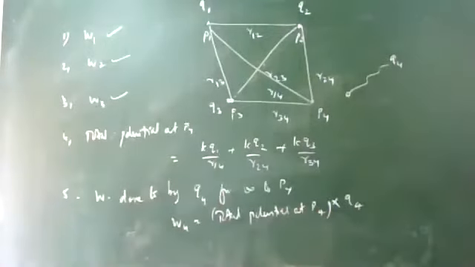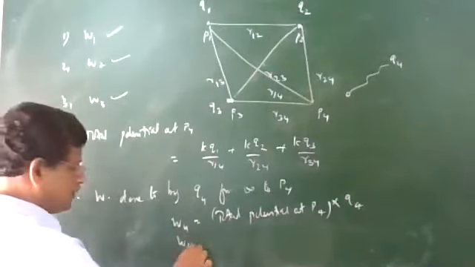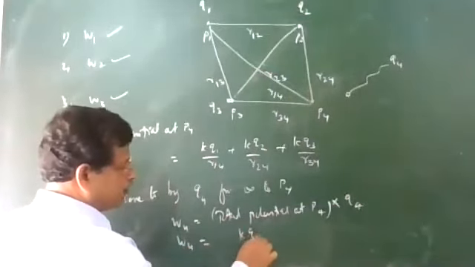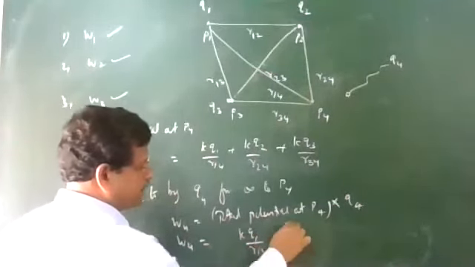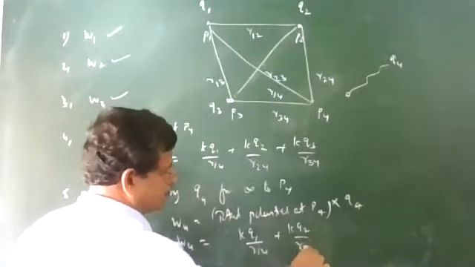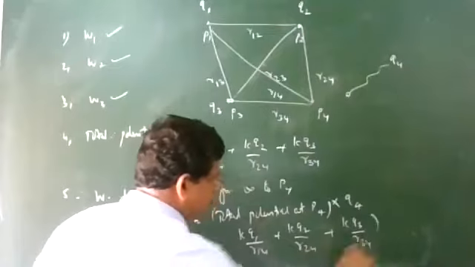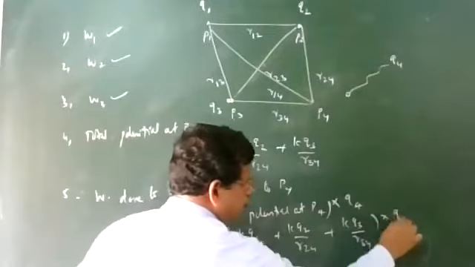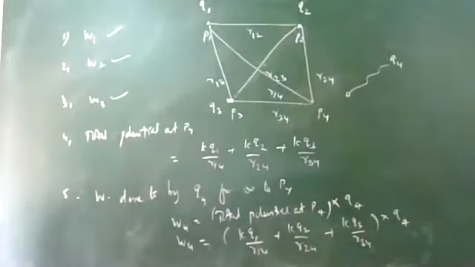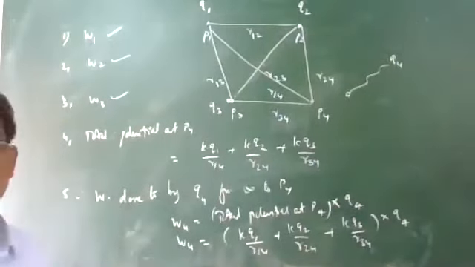Can you tell me the equation for this? W4 equals K Q1 divided by R14 plus K Q2 divided by R24 plus K Q3 divided by R34, into the charge Q4. This is the work done to bring the fourth charge from infinity to the point P4.